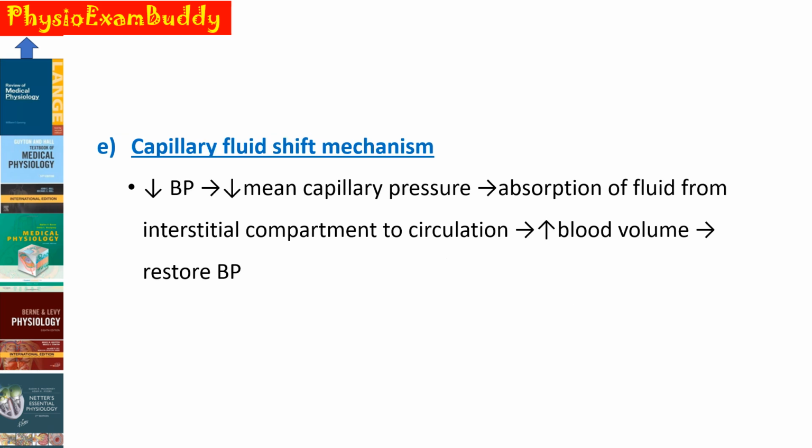The next compensatory mechanism is our capillary fluid shift mechanism. A drop in the capillary pressure takes place because of the decrease in the blood volume, and this causes absorption of fluid from the interstitial compartment into the circulation. This helps to maintain the circulating blood volume and thereby restore the blood pressure.